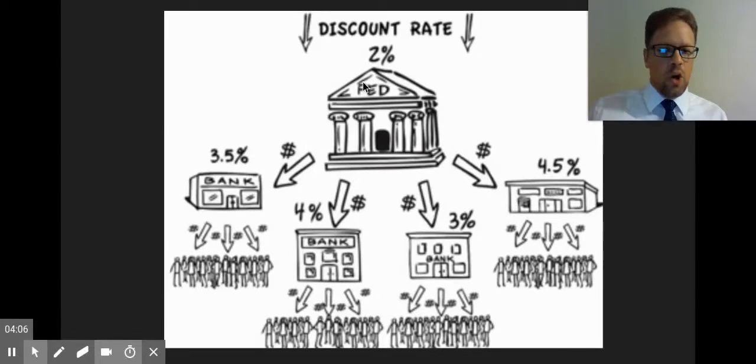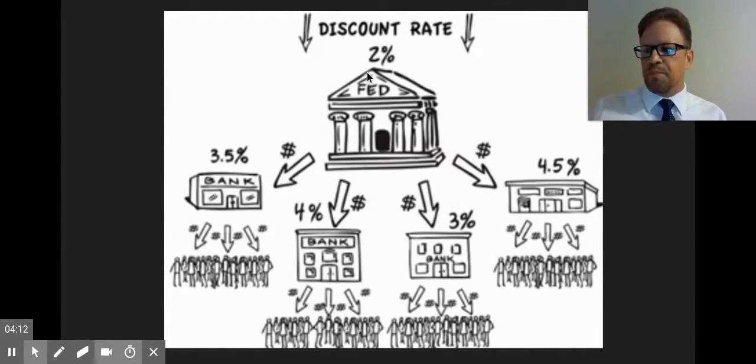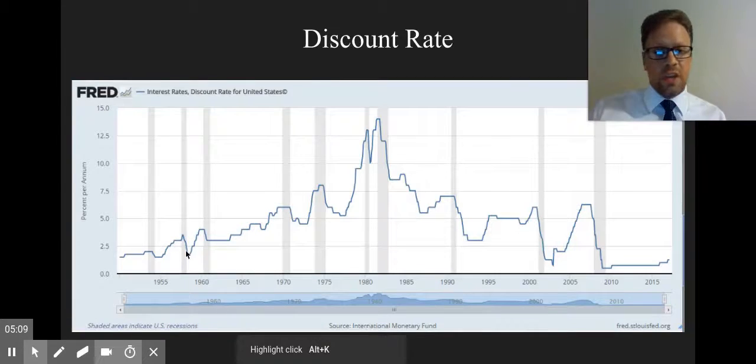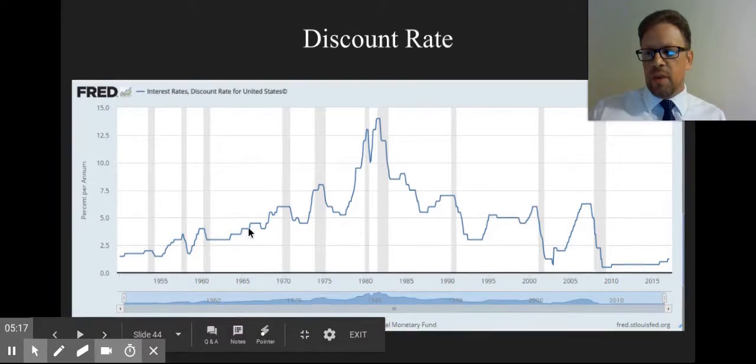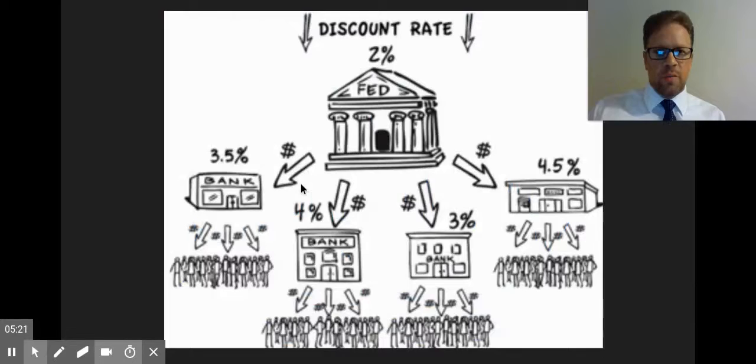So again, if they've lowered it and they have a low discount rate, that probably means banks go to the Fed to get their loans now. Now, the Fed can also restrain or decrease the money supply by raising the discount rate, which will discourage banks from getting a loan from the Fed. If you raise it, then they don't want to come to you to get the loan.